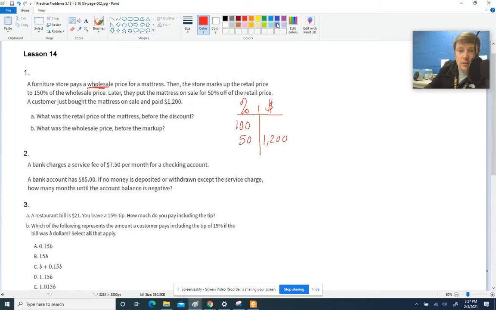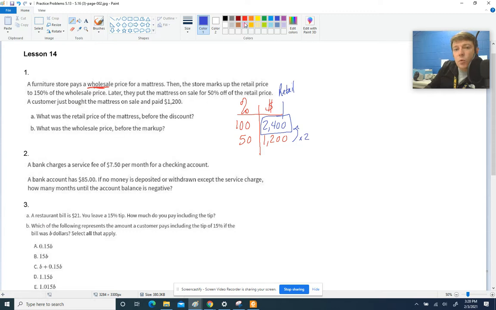So we could actually just double the 1,200 to find out that was at retail for 2,400. So we have found our retail price. This was their retail. So we're one step closer to finding out what the wholesale was, but what was the retail price before the discount? It was 2,400.